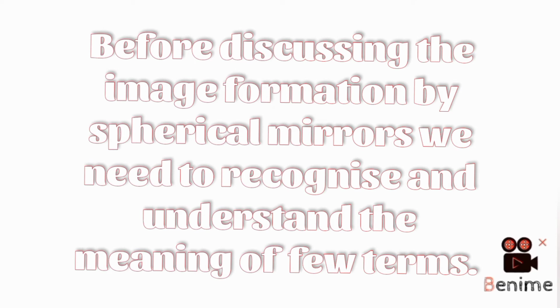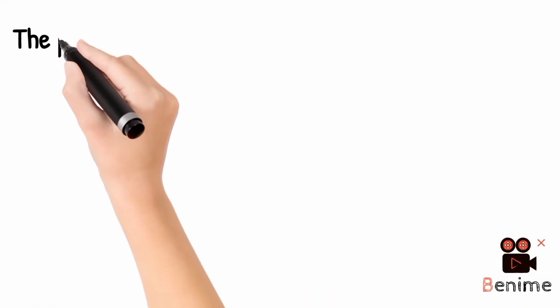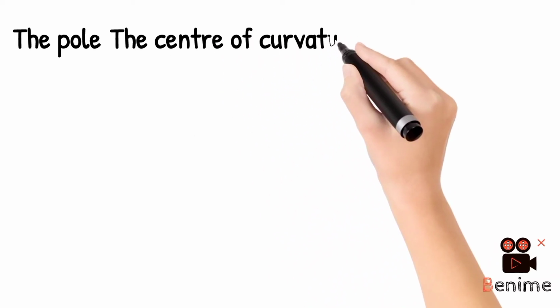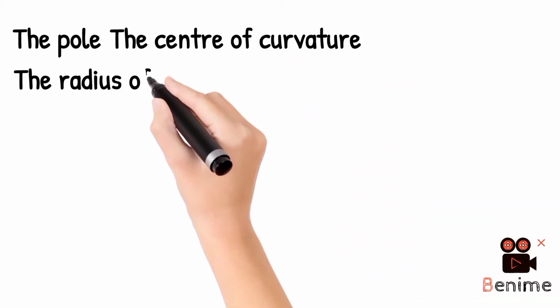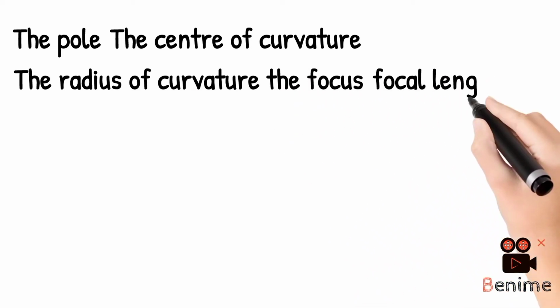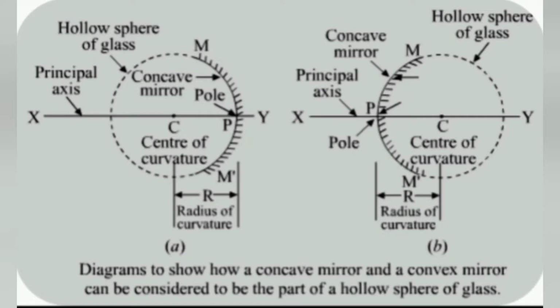Before discussing the image formation by spherical mirrors, we need to recognize and understand the meaning of a few terms. These are the pole, the center of curvature, the radius of curvature, the focus, and the focal length. Now let us see the diagram of the concave mirror and convex mirror to understand these terms clearly.